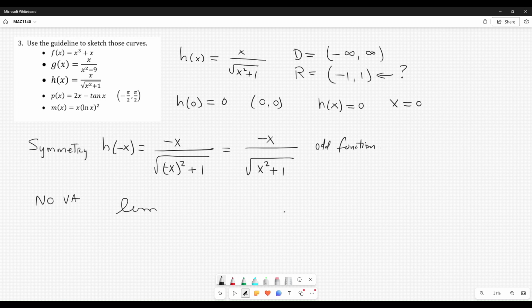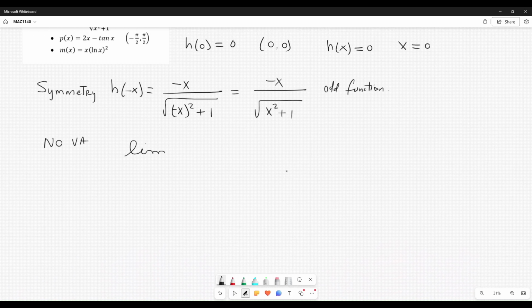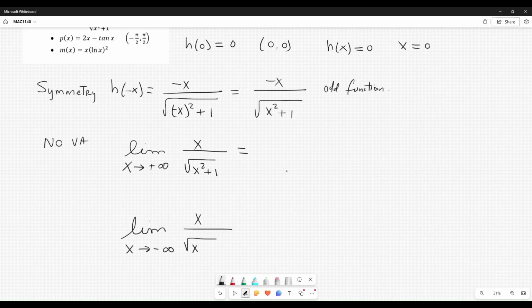Entonces no necessarily is the same behavior to the right or to the left. So I need to compute the limit as x approaches positive infinity of x over square root x squared plus 1, and also separately the limit as x approaches minus infinity of x over square root x squared plus 1.